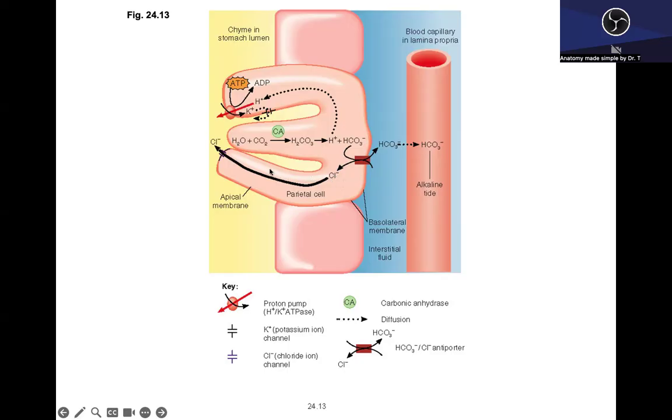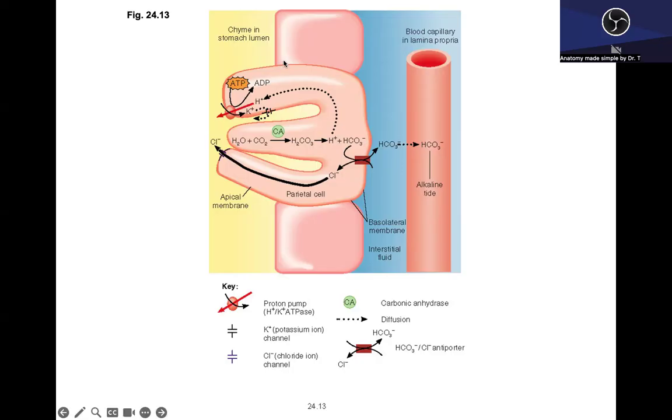So following its concentration gradient, which is higher within the cell than it is in the lumen of the stomach, chlorine ions simply diffuse through the apical part of the cell where they meet hydrogen ions, and of course the formation of hydrochloric acid is something that we have explained through this diagram.